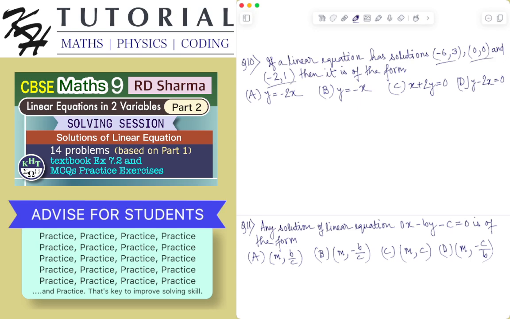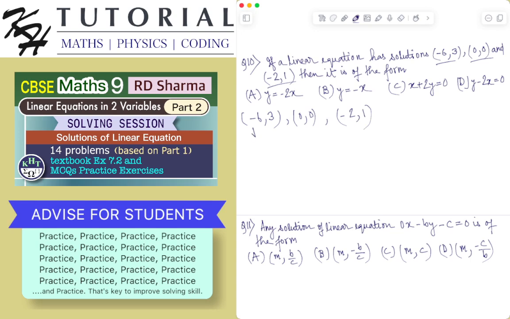But in this way, it will take a lot of time to individually verify whether all the given 3 ordered pairs satisfy the given linear equations. We have 4 choices. Instead, you see that in all the ordered pairs, we see a pattern. The roots are (minus 6, 3), (0, 0), and (minus 2, 1).